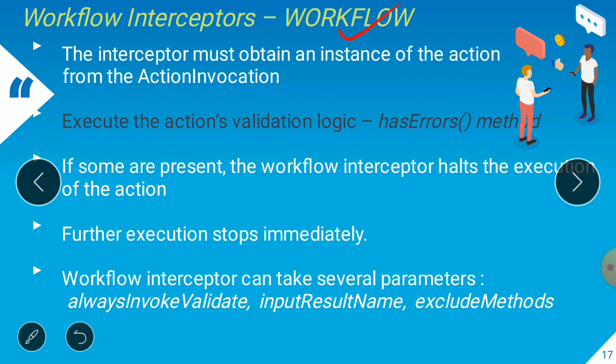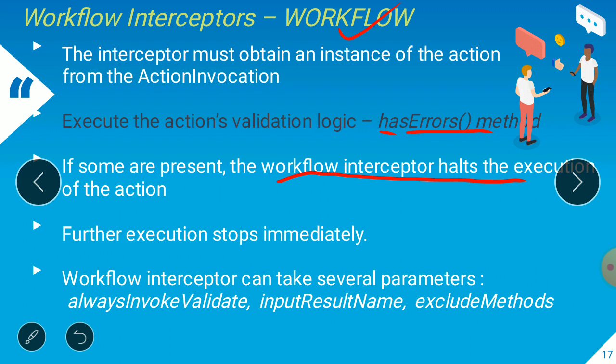It must contain an instance of the action from the action invocation. First, from the action invocation, it gets the action, an instance object. Then it executes the action's validation logic, the hasErrors method. When the hasErrors method is called, if some errors are present, the interceptor halts the execution.